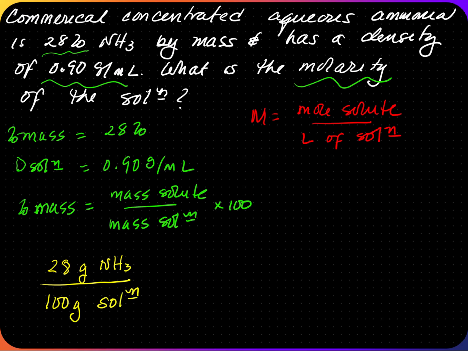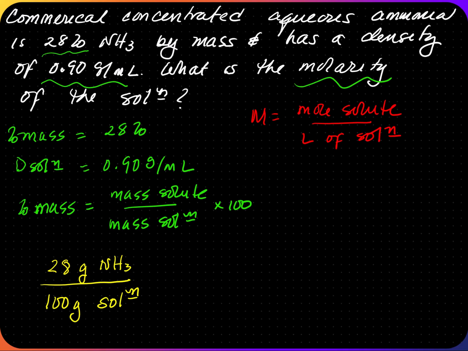The reason I could do that is 28% is part, the whole is 100%. Since it's a ratio, 28 grams over 100 grams can also be written as 28 grams of liter over 100 grams of liter, and so forth. But we want it in mass because we have density and we need the mass to convert to moles.